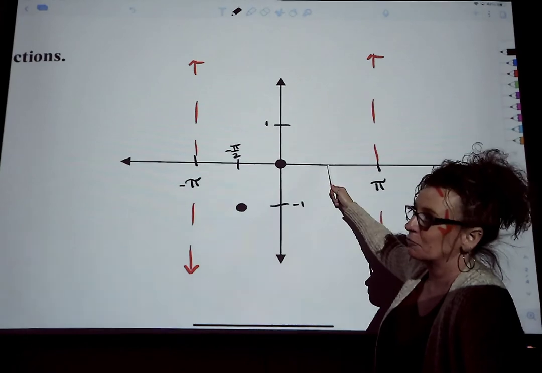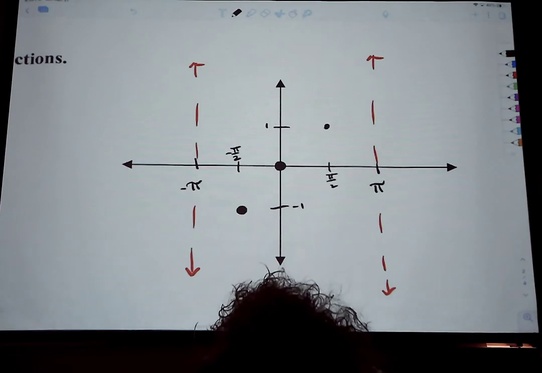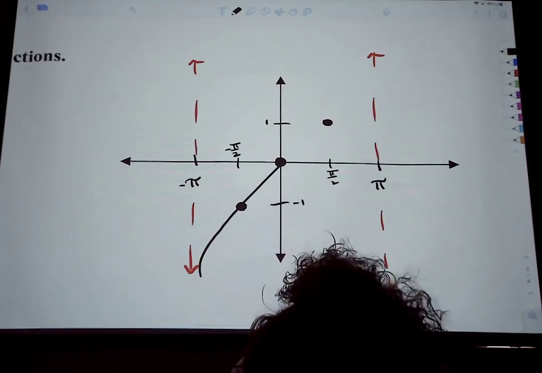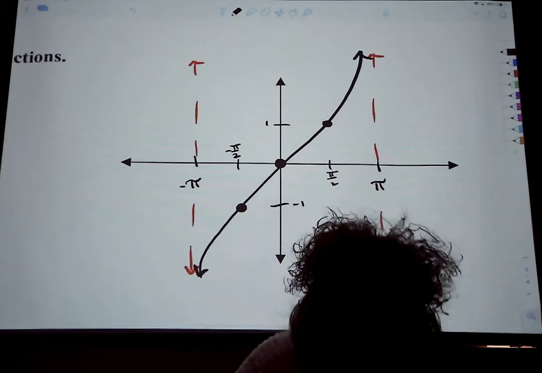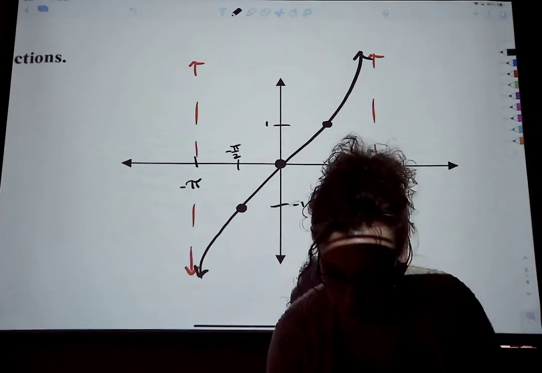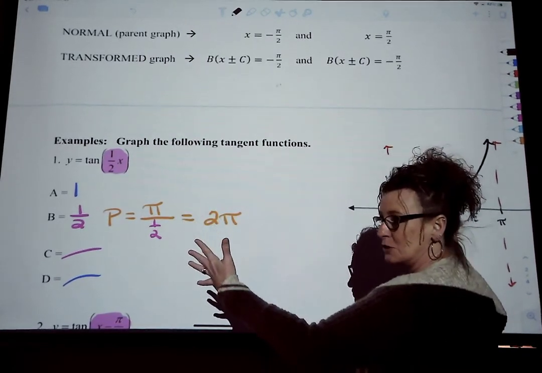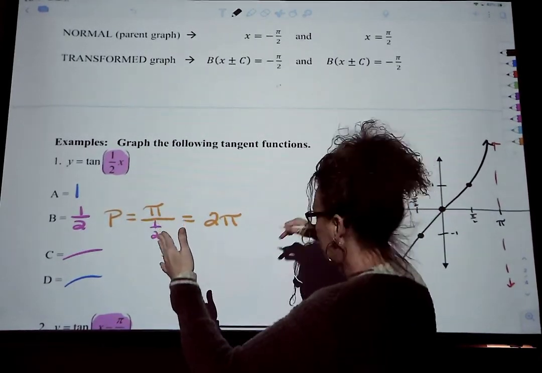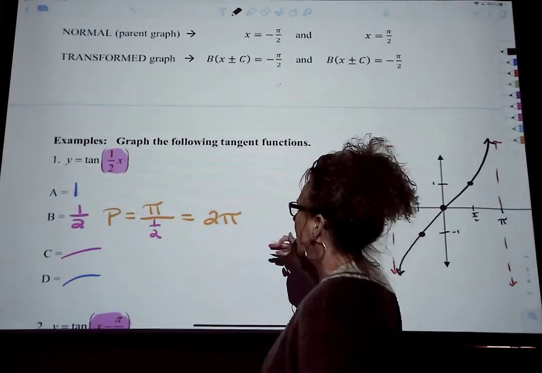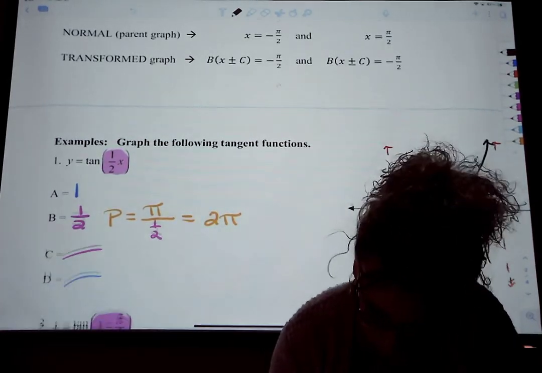That's going to be positive pi over 2, up 1. There you go. Draw them. So all I did was I looked at the period, figured out how wide it needed to be, drew my asymptotes, made my 3 points that my asymptotes kind of hold in my tangent graph, and within my asymptotes drew it.